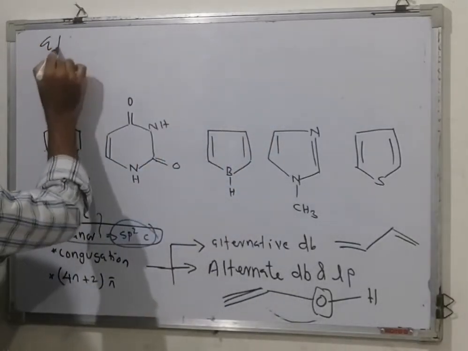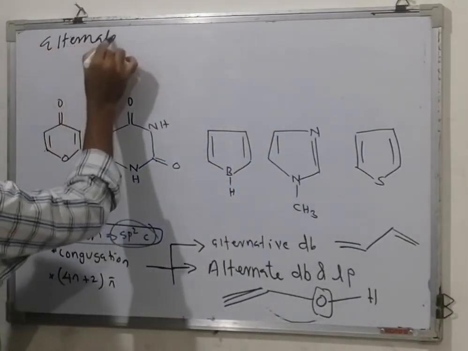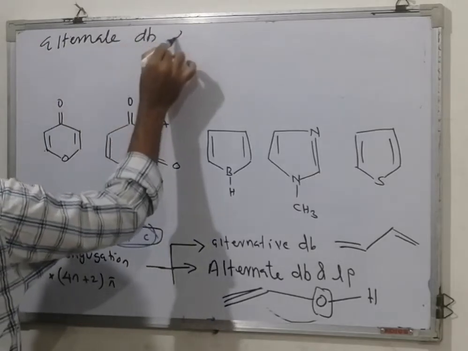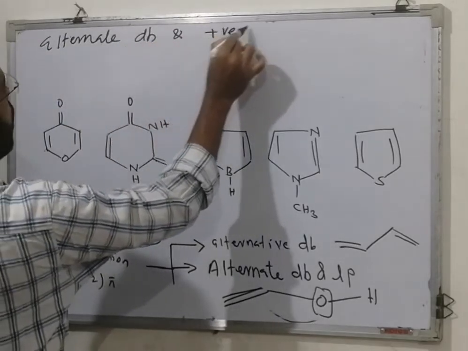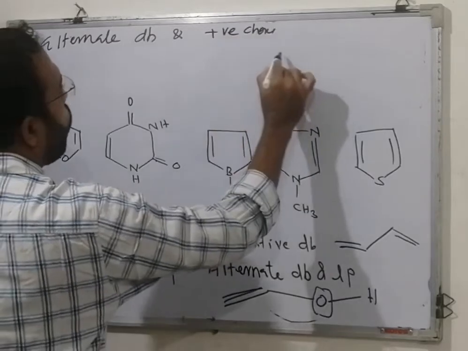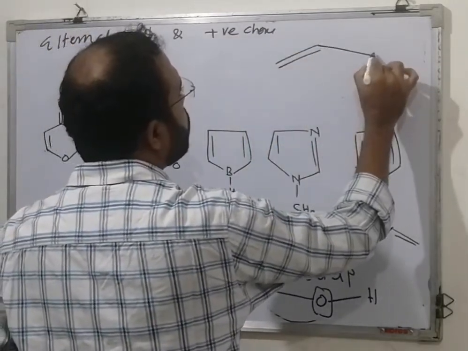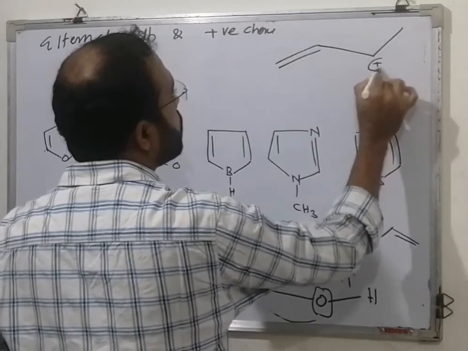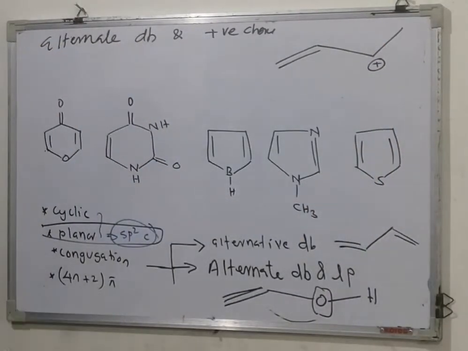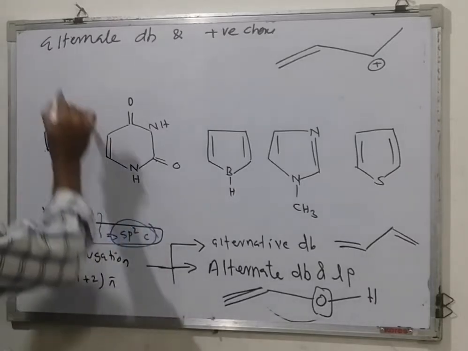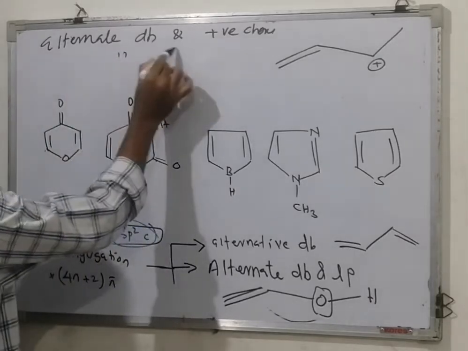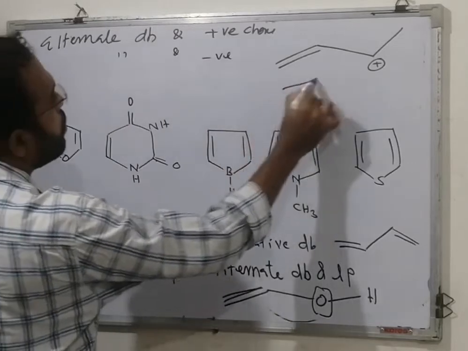Third, alternate double bond and positive charge. Very simple. Suppose you have a structure like this. There is also conjugation. Second, alternate double bond and negative charge.